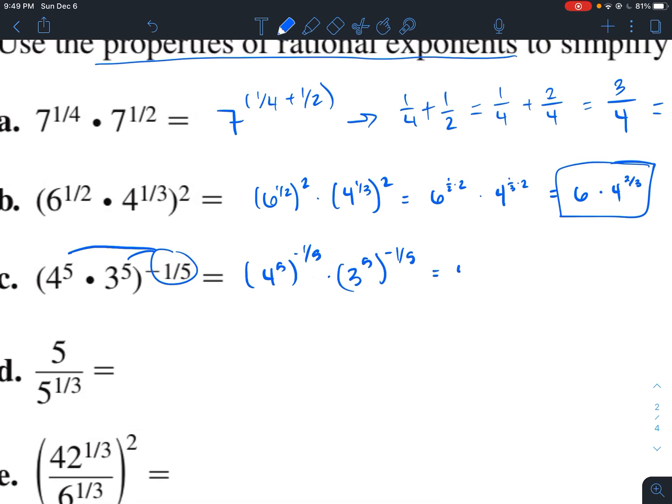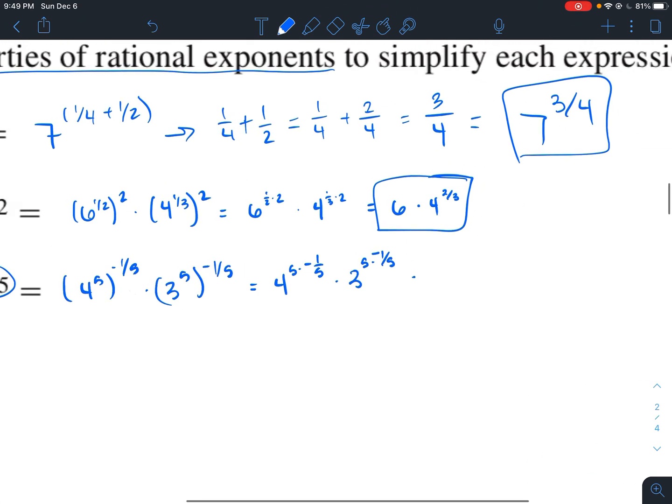So that's equal to 4 to the 5th times -1/5 times 3 to the 5th times -1/5. Well, 4 to the 5 times -1/5 is -1, and that's going to be the same here. So 4 to the -1, 3 to the -1.